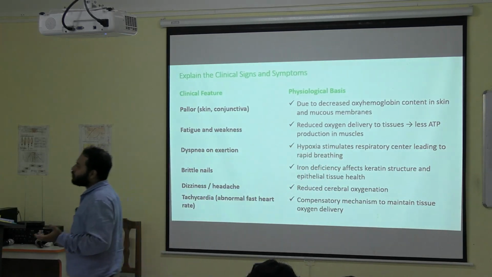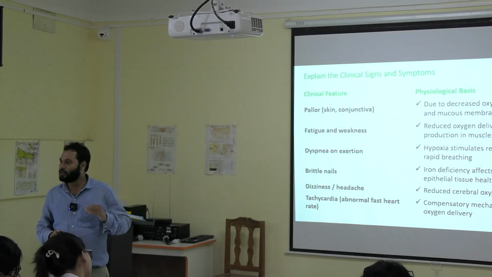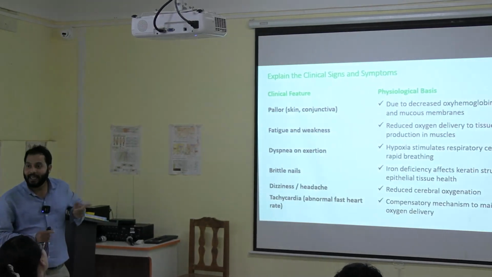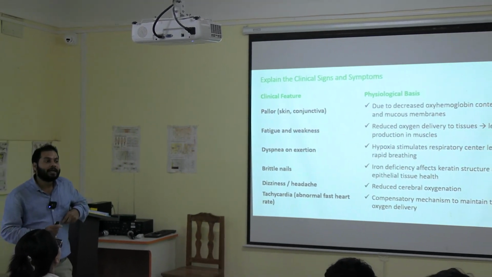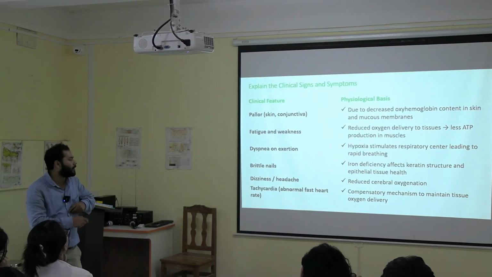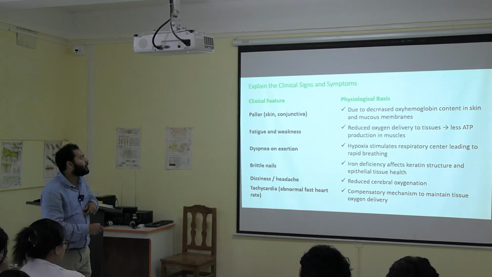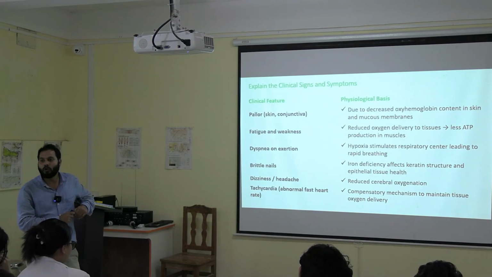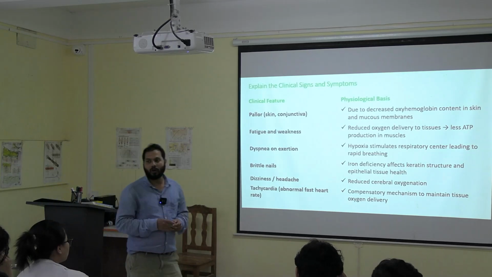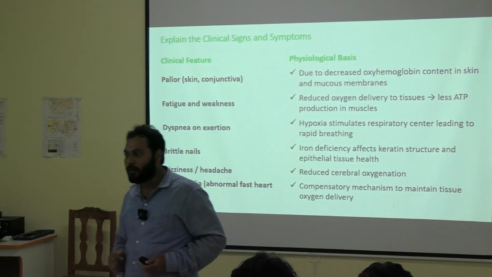Now, you can also correlate all those clinical features with the physiological basis. Like I said, in the case it was given that the body color was changed, mainly skin color. So why is there a change in the skin color? It is due to decreased oxyhemoglobin content. What does it mean? What do you mean by oxyhemoglobin content?